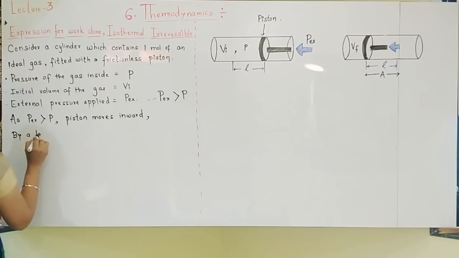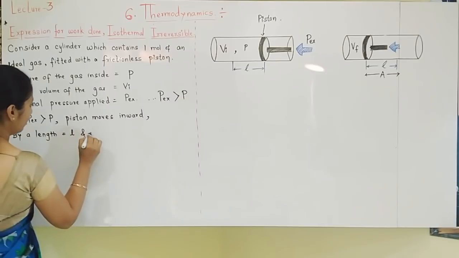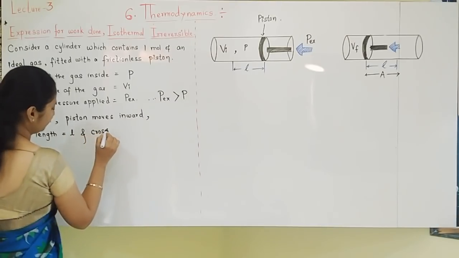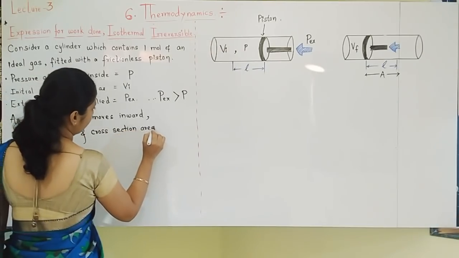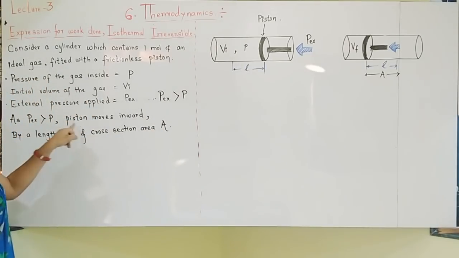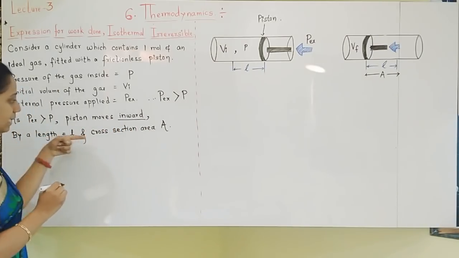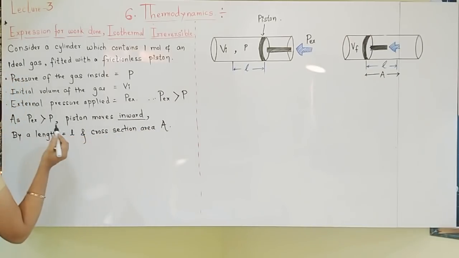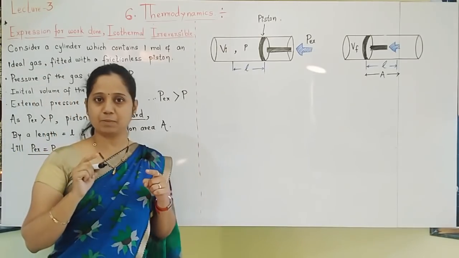By a length of L and cross section area A. P external is greater, so the piston moves inward, till P external becomes equal to P. It will move inside till both pressures become equal.